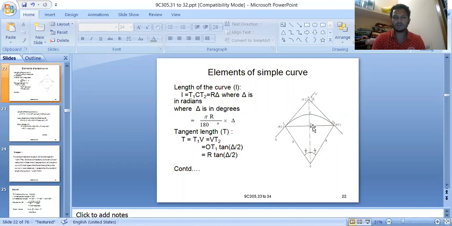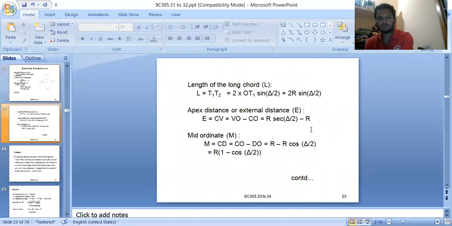We are measuring this half and multiplying with 2. So the length of long chord L is equal to T1T2, which is 2 times OT1 sine delta by 2. OT1 is nothing but the radius of the simple circular curve, so we will get 2R sine delta by 2.